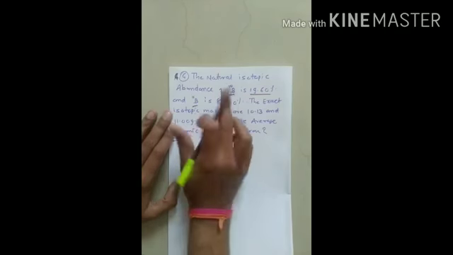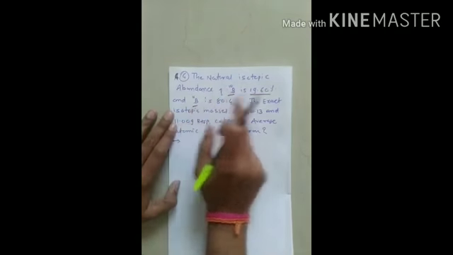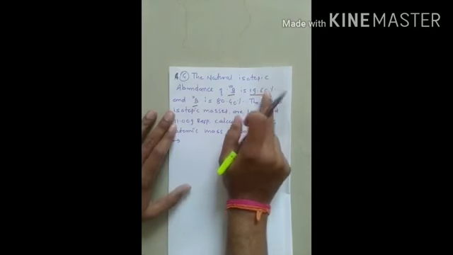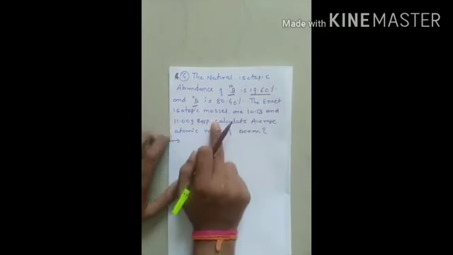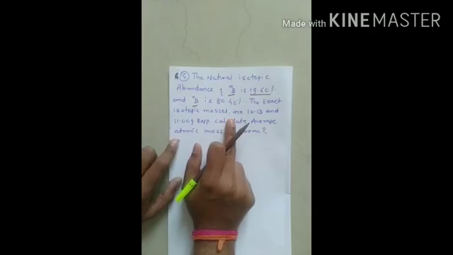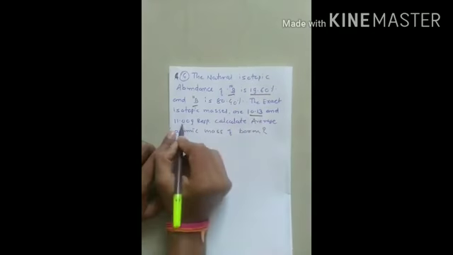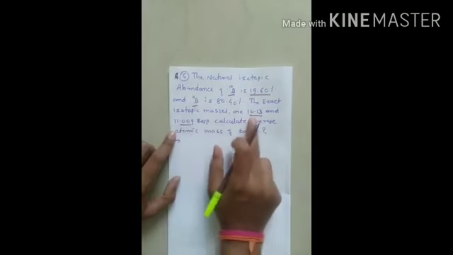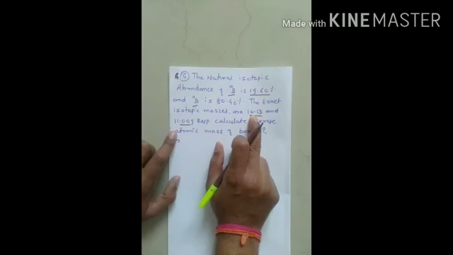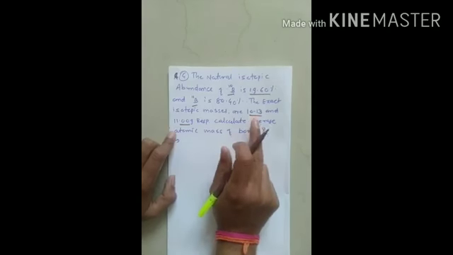So two isotopes of boron are given along with their percentage abundance. The exact isotopic masses are 10.13 for B10 and 11.009 for B11. We have to calculate the average atomic mass of boron.